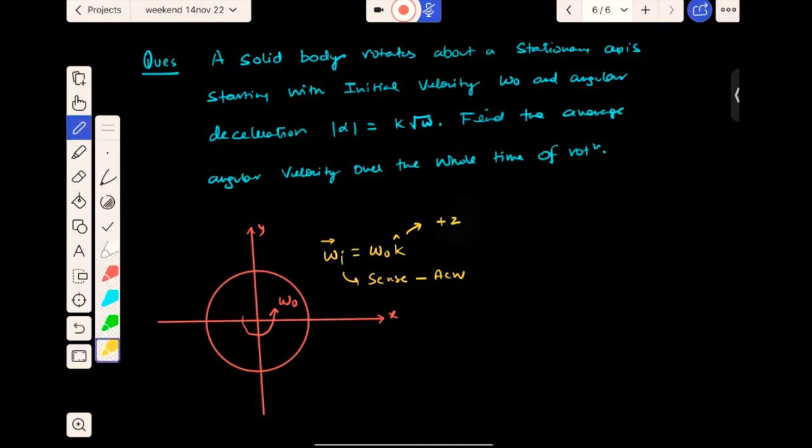Now I want to apply an acceleration which reduces the velocity, so it must be in the opposite sense to omega seen from the same side. So alpha seen from that same side is clockwise, and its direction will be minus z.